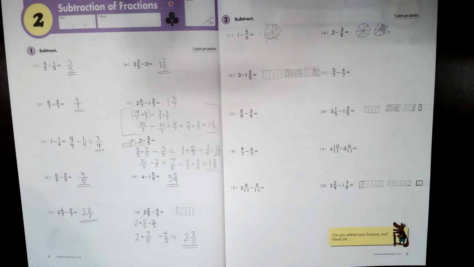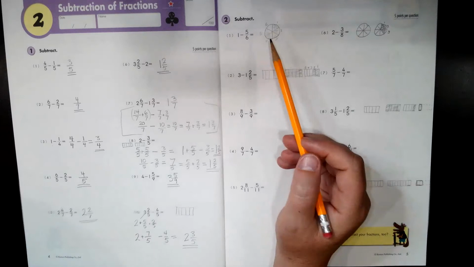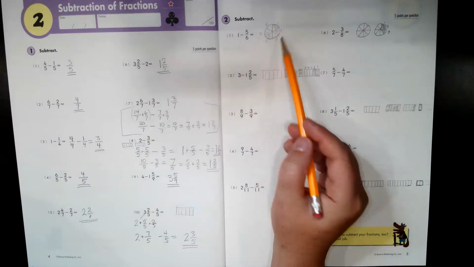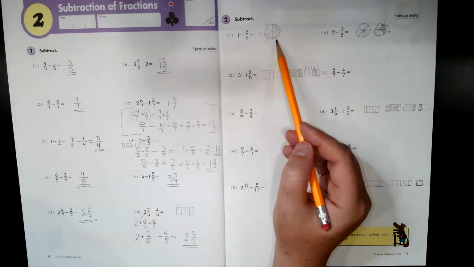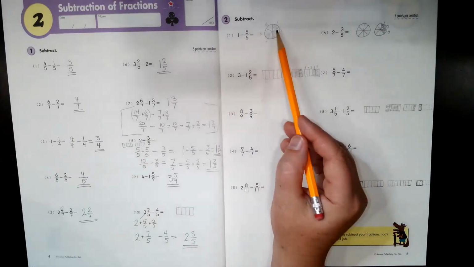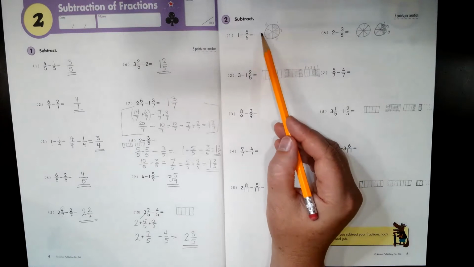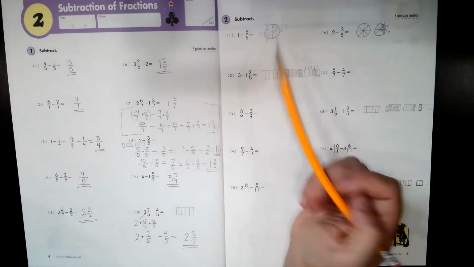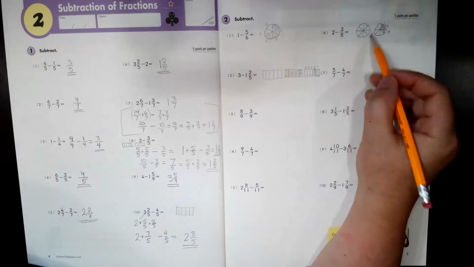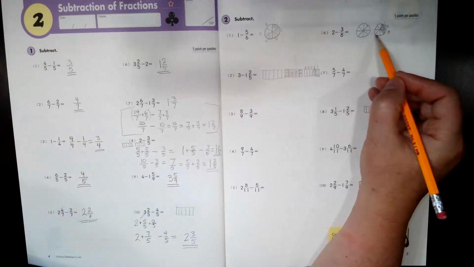So here are some pictures that can help you with your thinking. You might look at your whole piece broken into 6 parts, and then you can see that you're going to take away 5, 6, so that leaves you with 1 part. Here's a picture that shows you 2 whole pieces broken into 8 parts.